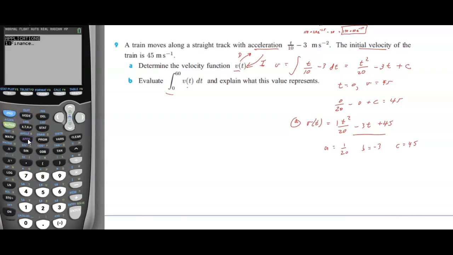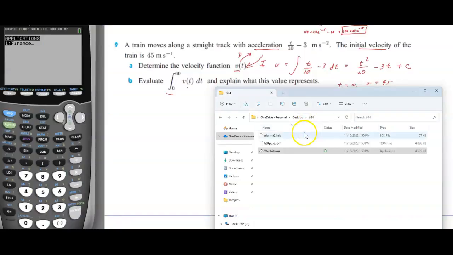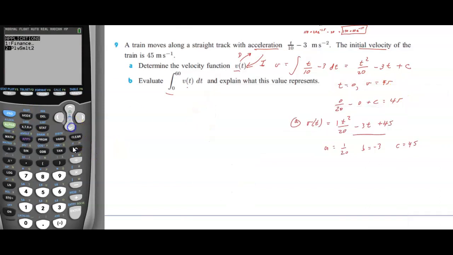So apps, got to get my PolySMLT. Okay. Oh, PolySMLT. So I'm going to go to PolySMLT.